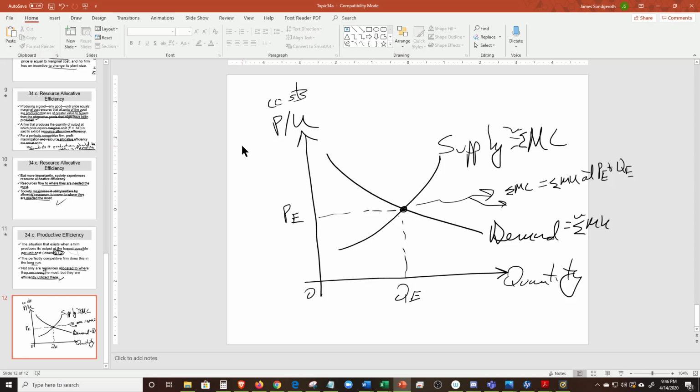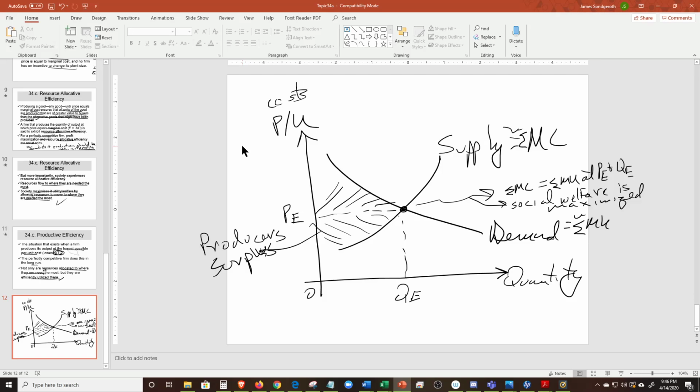And basically we can say social welfare is maximized by letting a market system work, okay? And of course, let me see, how can I do this? I think like this. This is producers surplus, and then I guess I can go like this.